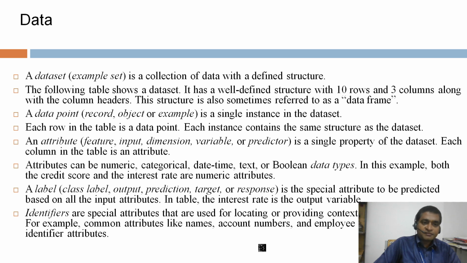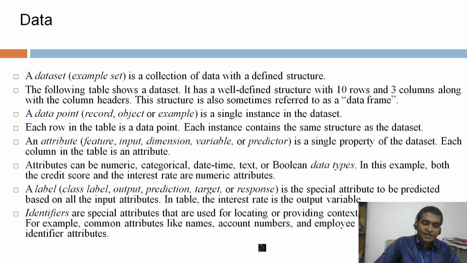An attribute, that is a feature or input variable or dimension, or we can call it a variable or predictor, sometimes output variable. All these things we call an attribute, which is a single property of the data set. Each column in the data set represents an attribute.